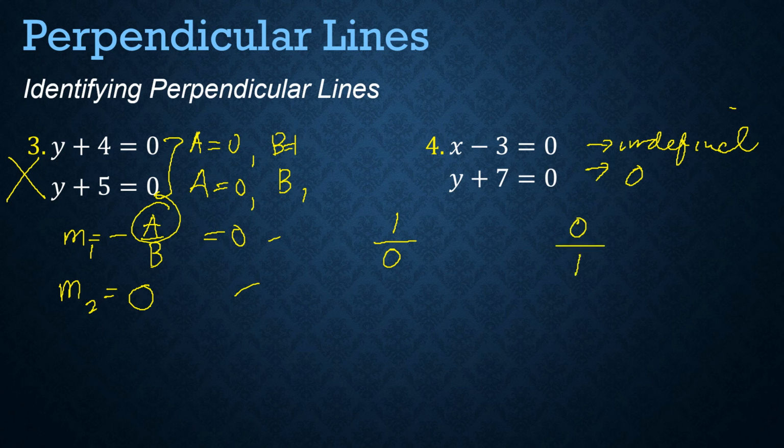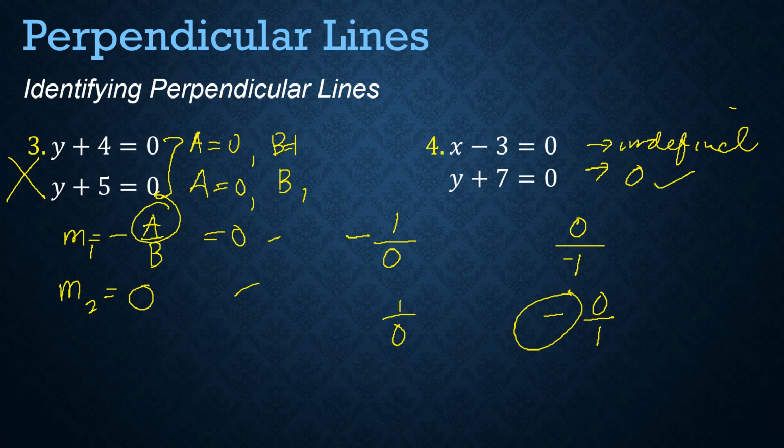If I place a negative here, it remains undefined. And if I place a negative here, or 0 over negative 1, it remains 0. But as you observe, they are reciprocals of each other. 1 over 0 is the reciprocal of 0 over 1, or of negative 0 over 1, since negating does not change 0.